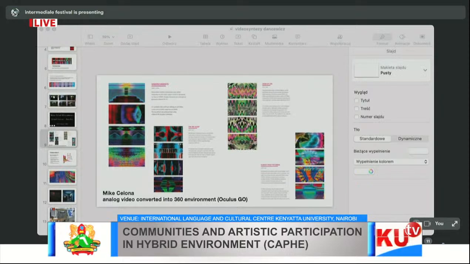And these works were produced mainly using LZX video devices and mixed with VDMX video mixer, and the soundtrack was produced using a guitar synthesizer. So all the content is also converted into an immersive environment.